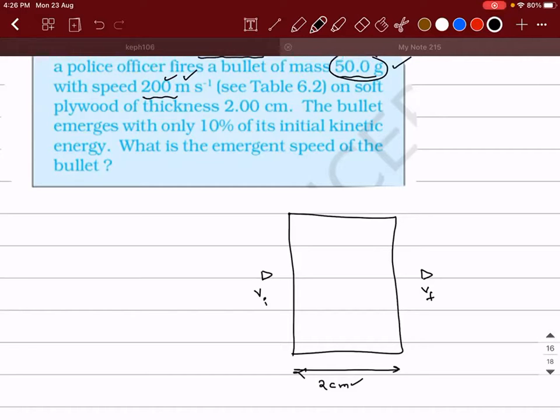But in this case, the bullet emerges only with 10% of its initial kinetic energy. They didn't say anything about the velocity. So if the final kinetic energy is given, how is it related to the initial kinetic energy of this object? Kinetic is 10% of initial. Yes.